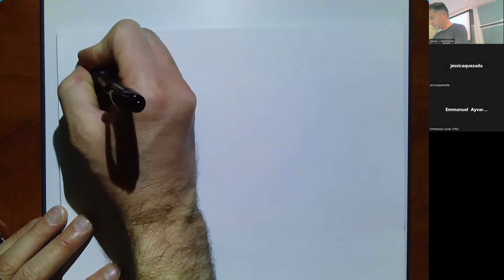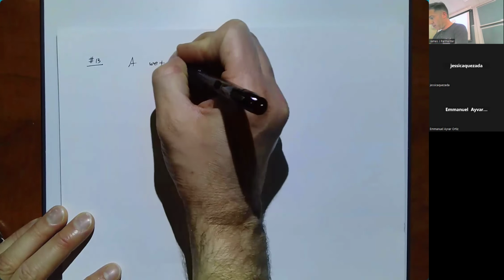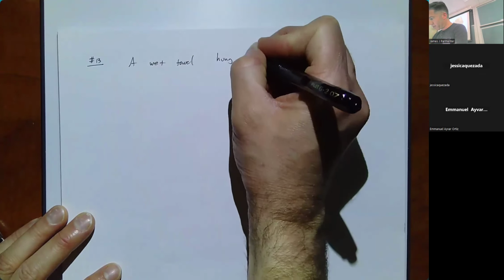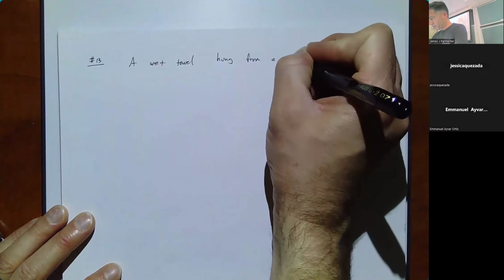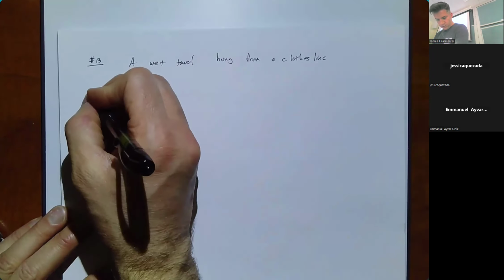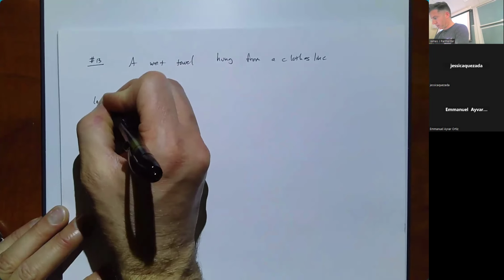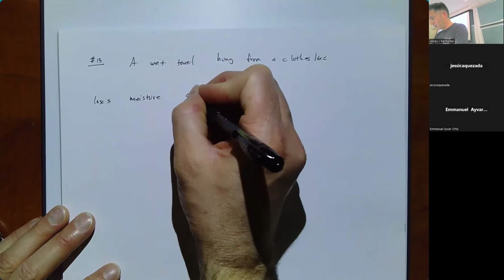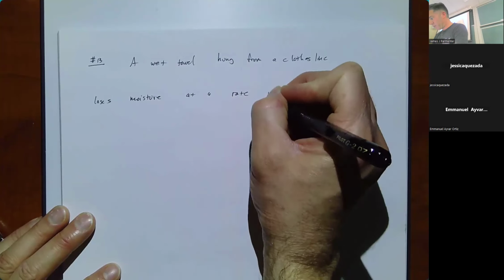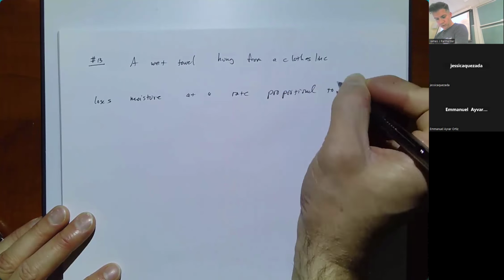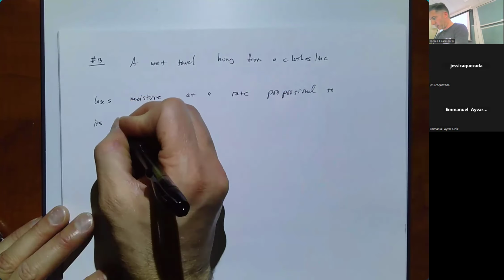This is number 13. A wet towel hung from a clothesline loses moisture at a rate proportional to its moisture content.